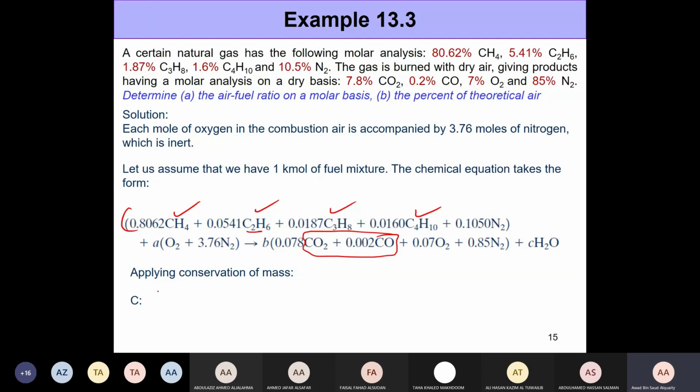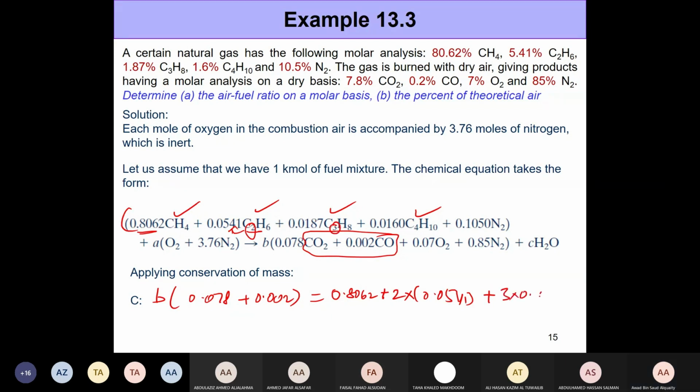So here, let's start by writing the amount of carbon on the product side. So it's B times 0.078 to indicate the carbon atoms in CO2 plus 0.002 to indicate the carbon atoms in CO. Okay, this is going to be equal to the carbon atom in methane, which is 0.8062 plus 2 times, because there are two carbon atoms in C2H6, 2 times 0.0541 plus 3 times 0.0187 plus 4 times 0.016.